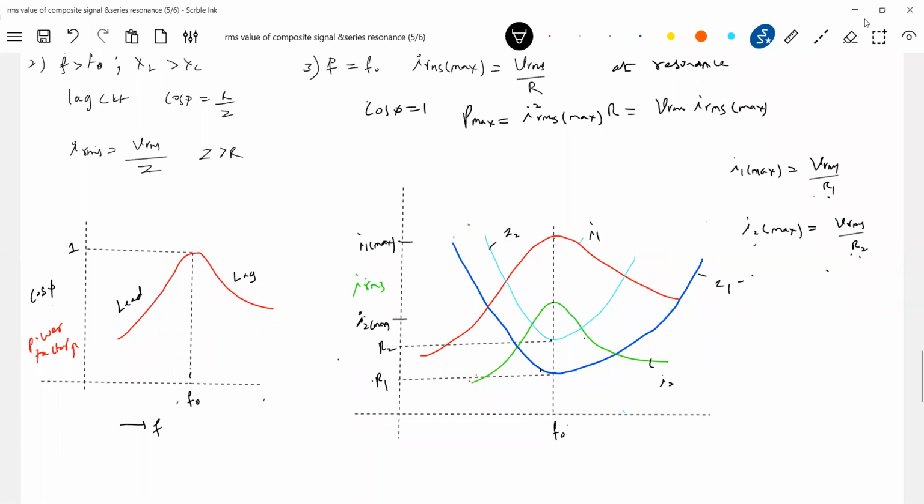As you increase the resistance, we can say R2 is greater than R1. Looking at this, as you increase the resistance, what will happen to the sharpness of the curve?